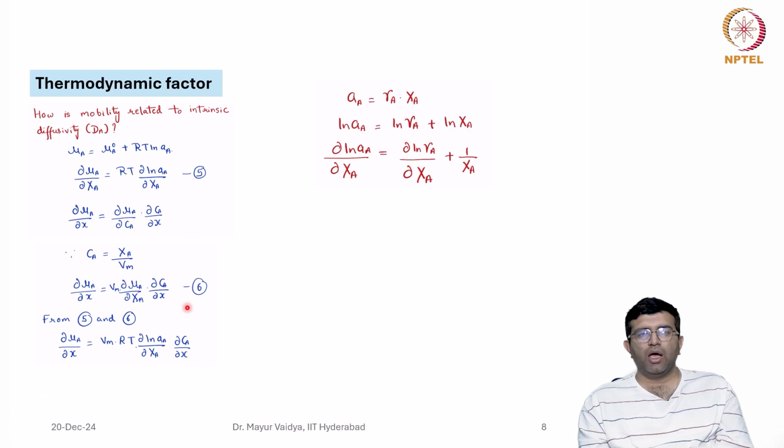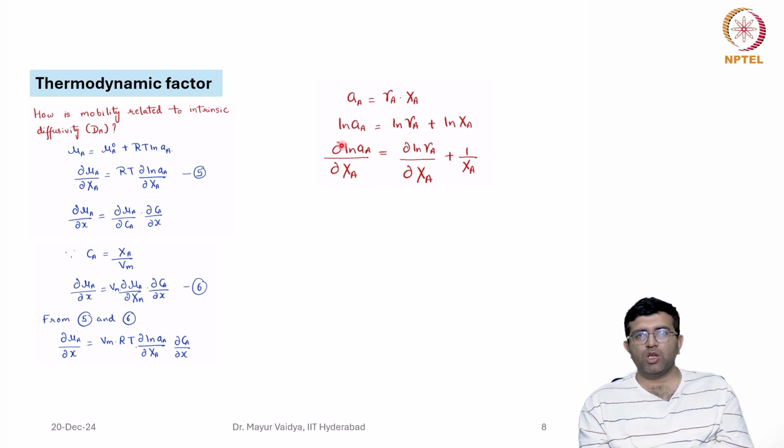Moving ahead, how is the activity defined? Activity is nothing but the activity coefficient gamma into the mole fraction of A. So, aA is equal to gamma A into Xa. So, if I calculate dou ln aA by dou Xa, I will get dou ln gamma A by dou Xa plus 1 by Xa. Remember, differentiation of ln Xa with respect to Xa will be 1 over Xa.